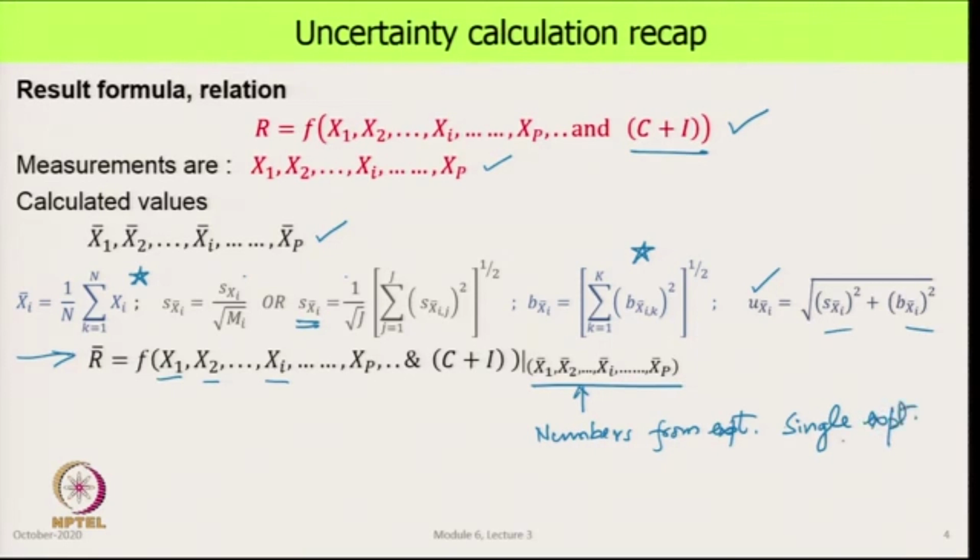That means we did the experiment once, got all the data we want, and now we are doing the analysis. So, in that sense, we are in a way looking at post test uncertainty analysis. So, we can easily get the mean value of the result formula, and that is what you probably have done in your school and college experiments. Now, we go beyond that.